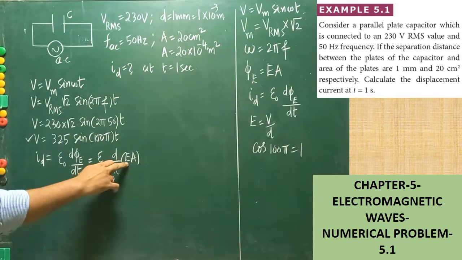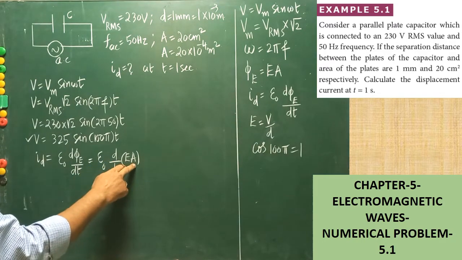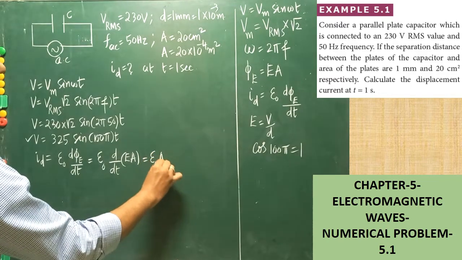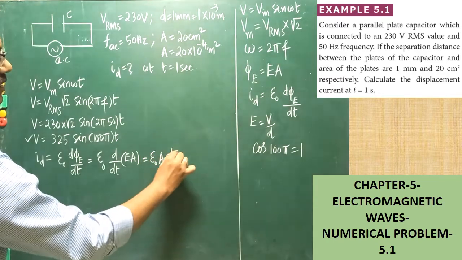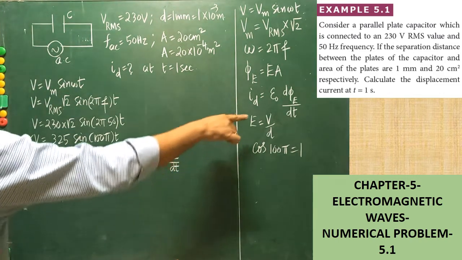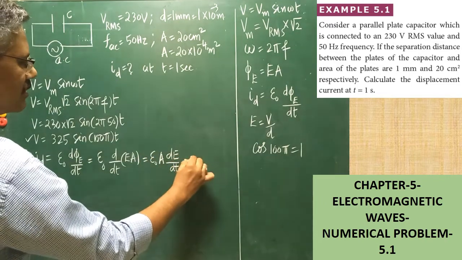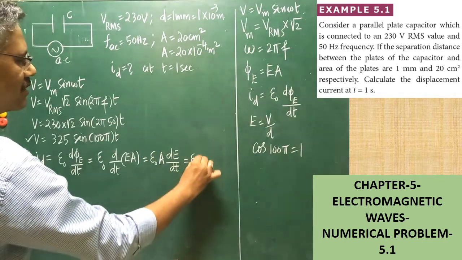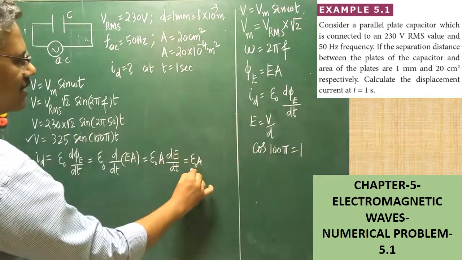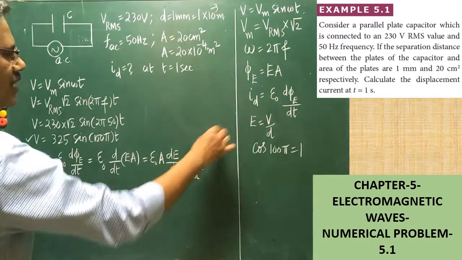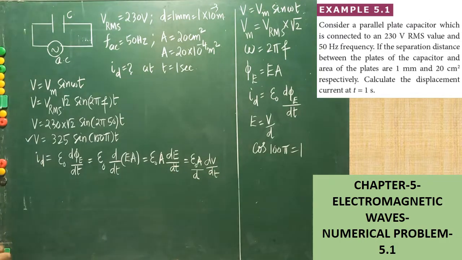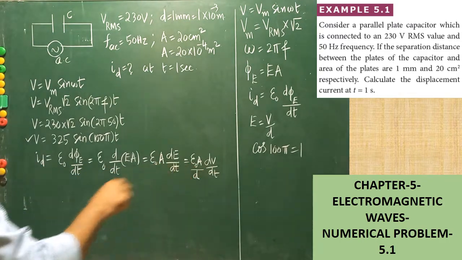Here A is a constant, so A can be written outside, epsilon naught A dE by dt. Again, that E can be replaced by V by d. The next step, we can write epsilon naught A. The d is constant, therefore d can be combined along with this factor. So V alone will change. So we can write dV by dt.